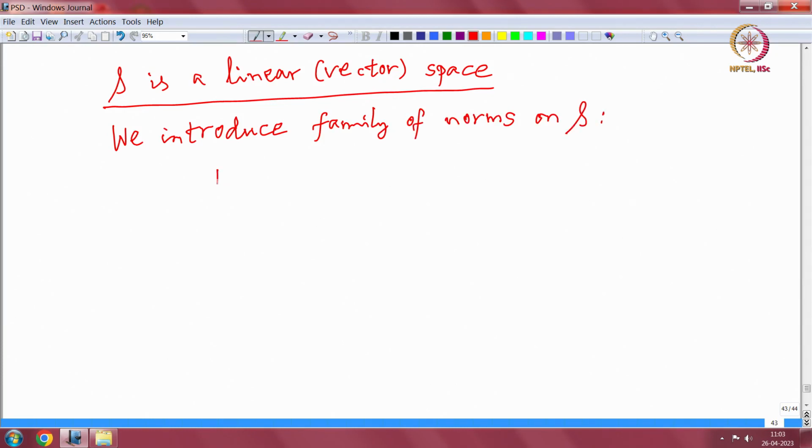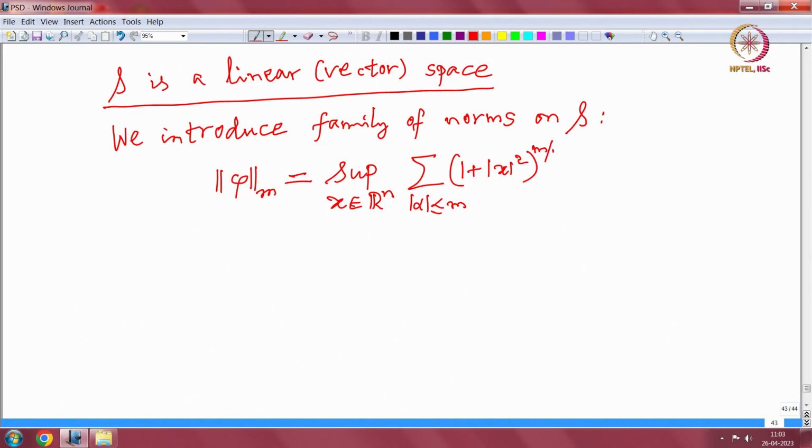So the norm of phi of order m is, let me write that, the sup over x in Rn, and I am taking a summation over all multi indices up to order m, of 1 plus x square to the power, this is just a choice.